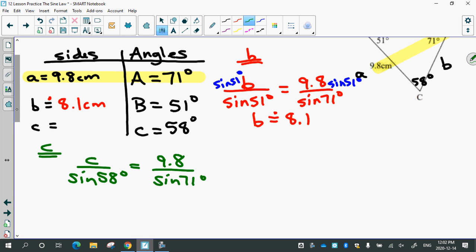And then to get little side c by itself, I want to undo divide by sine 58 by multiplying by sine 58 on both sides. And then if you put it in your calculator correctly, you should get side little c.